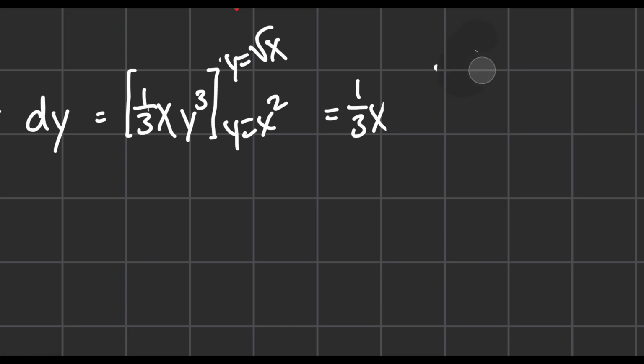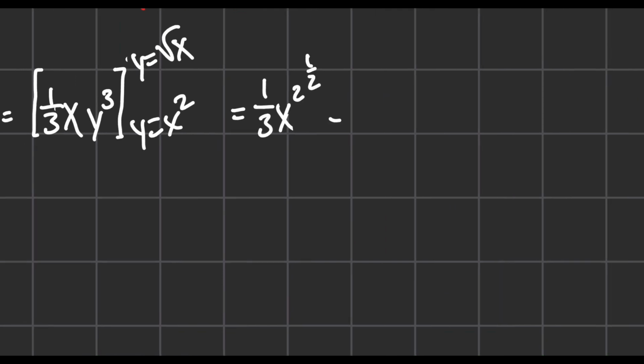Oh, you have another x there, so that's going to be x to the power of 2.5 minus, and then the lower bound, so 1/3 x, and then we fill in x squared into the y, right? So we get times y, which becomes x squared to the power of 3. So that's going to be x times x to the power of 6, which is just x to the power of 7.